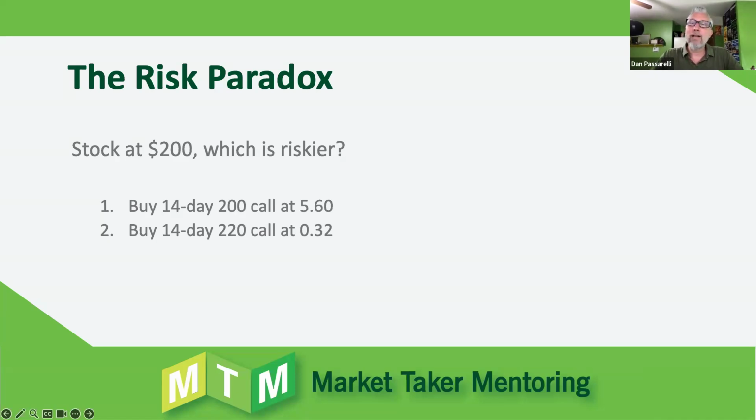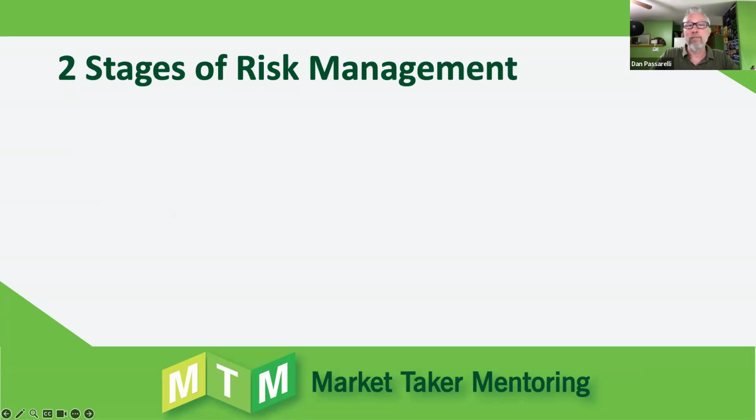So, they both have their own unique risks. And I would go as far as saying neither is necessarily riskier than the other. They're just different in terms of risk. So managing risk in option trading always comes down to two strategies, or two stages, I guess I should say: constructing the trade and managing the trade.